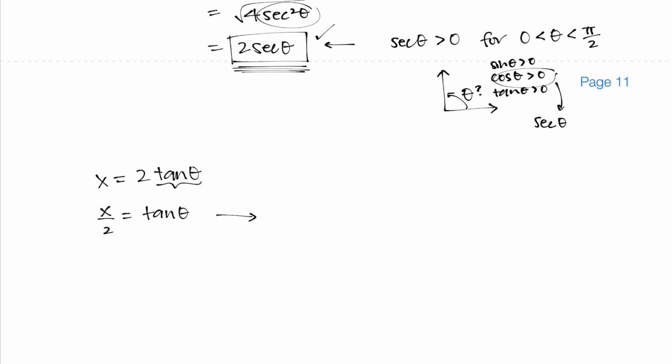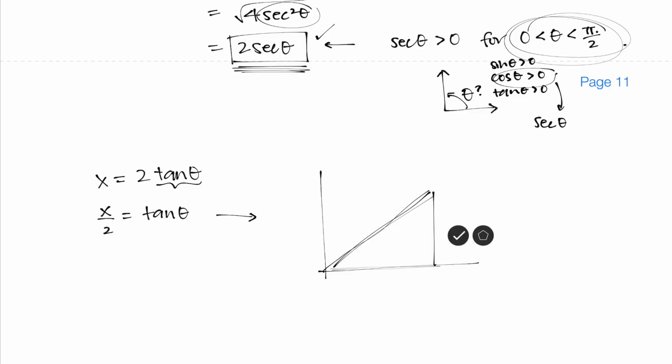Now, if we were dealing with a right triangle, this right triangle would have to sit in the first quadrant, given the information we had originally that the angle theta is between 0 and pi over 2. So we have a triangle like this, where the angle theta is that one down there. If the tangent of theta is given as x over 2, x is the opposite and 2 is the adjacent.